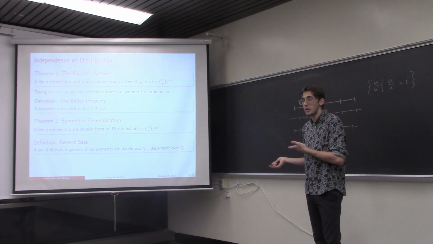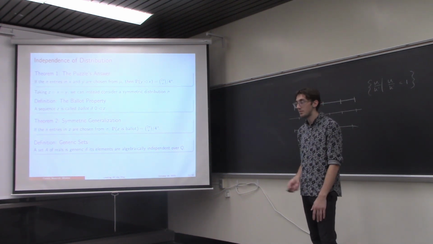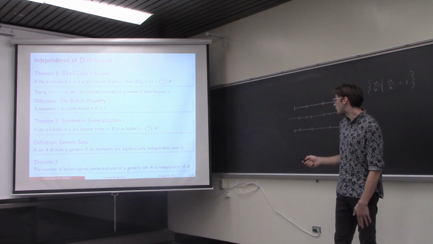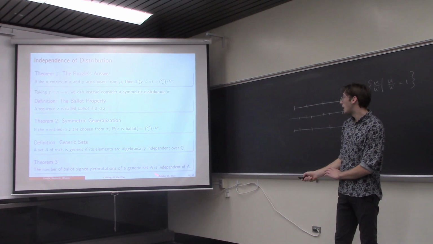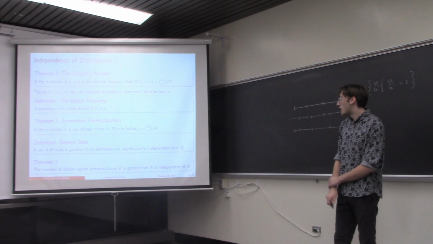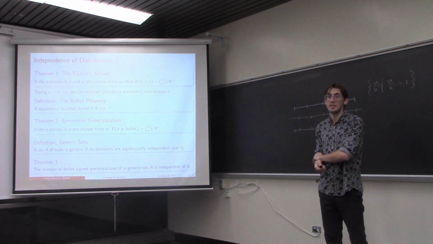It's kind of like linearly independent over a vector space, but it's not a vector space. And here's the theorem that implies theorem 2, which then implies theorem 1: the number of ballot signed permutations of a generic set is independent of that set.